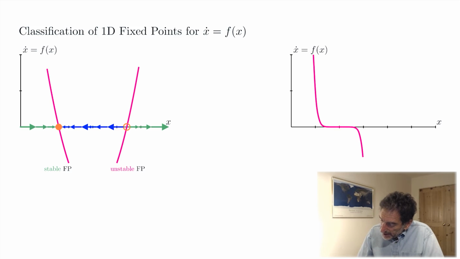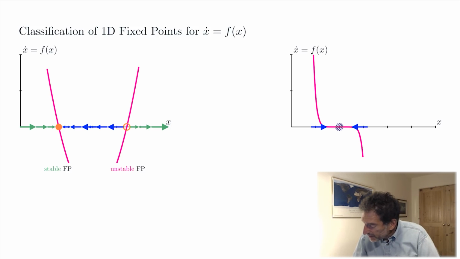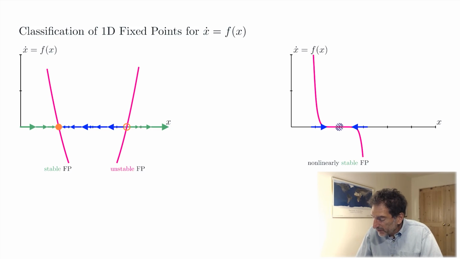What we see again is that to the left of the fixed point, located here, f is positive, so the flow is to the right. To the right of the fixed point, f is negative, so the flow is to the left. So this fixed point is, again, stable, but it's non-linearly stable. It's only because of nonlinear effects that we can actually cross through the fixed point.